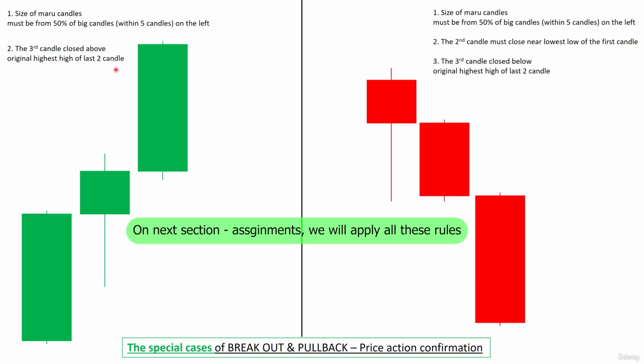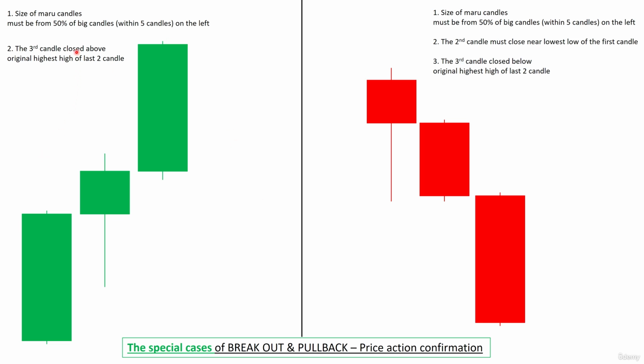This time, in the first case right over here, you can see that we have one Maruzi candle and one long tail green bar candle after that, right? When we just see the first two candles, we can apply the big Maruzi candle and one small candle standard with the same color, right?